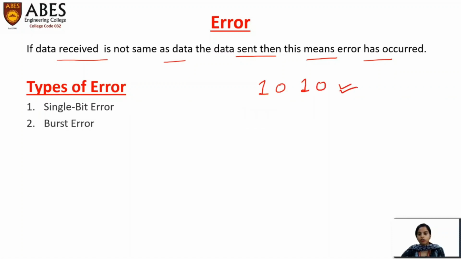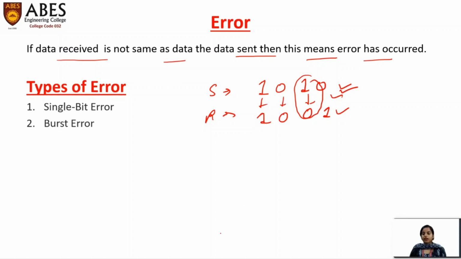So this is the data sent by the sender, and let's suppose this is the data received by the receiver, 1001. In this you can see that the one remains the same, the zero remains the same, and this one becomes zero. So this bit has been changed and this is the same. It means that the data sent by the sender is not exactly the same as the data received by the receiver. So this means that error has occurred.